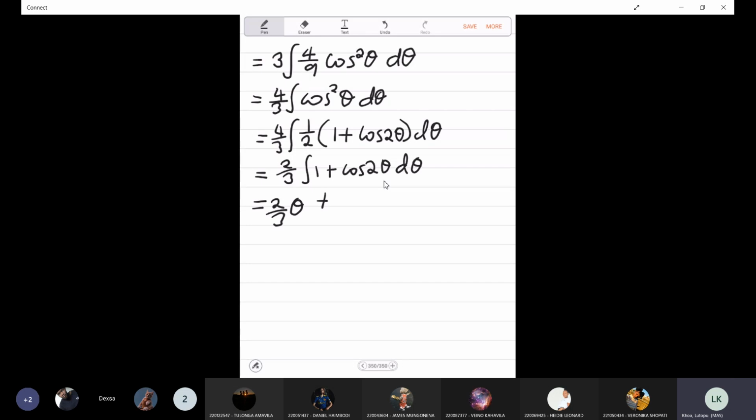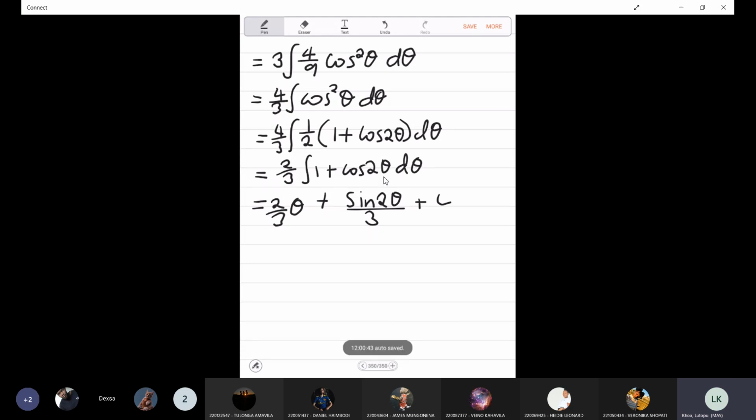So I will just have sine 2 theta over 3. And then you add your constant of integration.